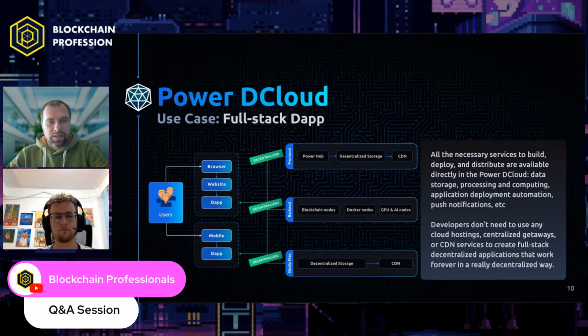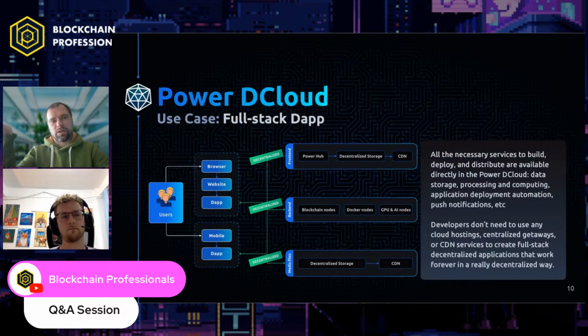It's a typical case. For example, you have a storage, blockchain nodes, Docker nodes, and right now we are exploring cases with AI engines, because you can deploy container nodes on GPU shards and run some simple microservices for AI agents.